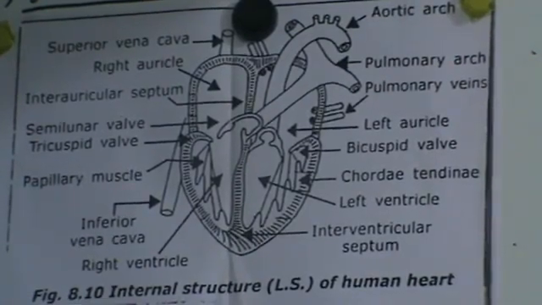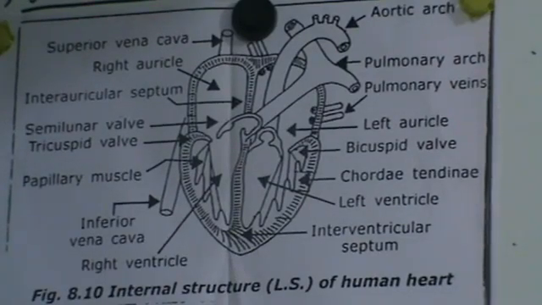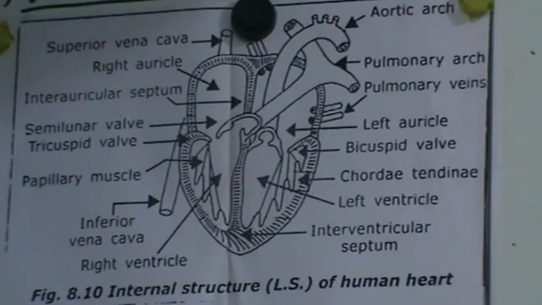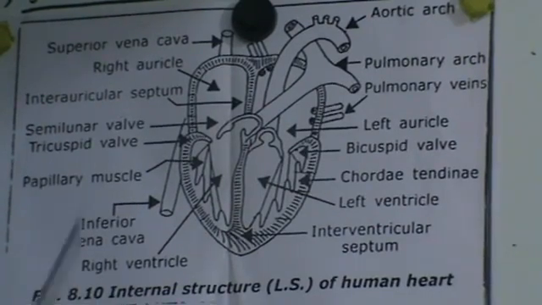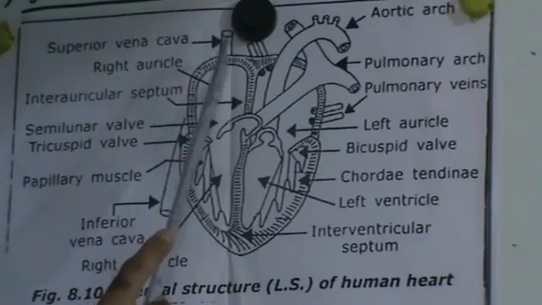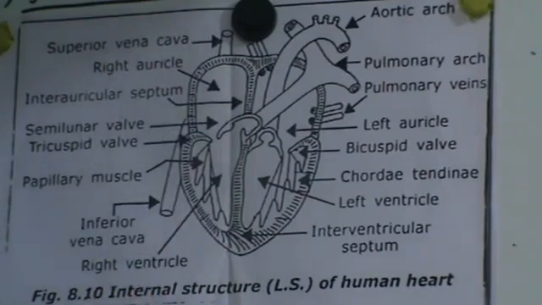Let's first consider the right auricle. The right auricle has a sino-auricular aperture guarded by a sino-auricular valve. Right? The right auricle, as I already told you, receives deoxygenated blood through the sino-auricular aperture. Here you will have this sino-auricular aperture.